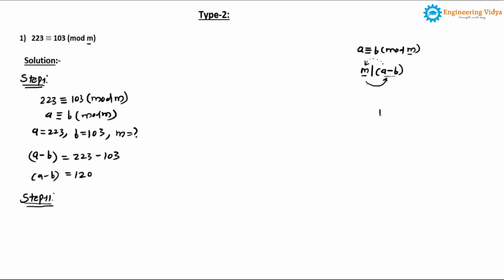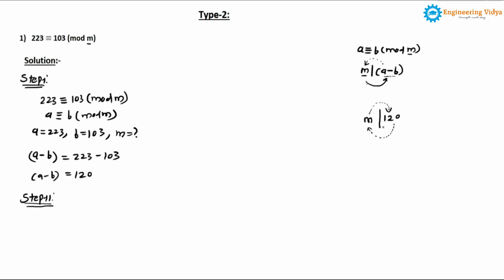Now we have calculated the right hand side part, that is A minus B, as 120, but we need to calculate the value of m. But the rule says that whatever the value of m is, m will divide 120, or 120 will be divisible by m.